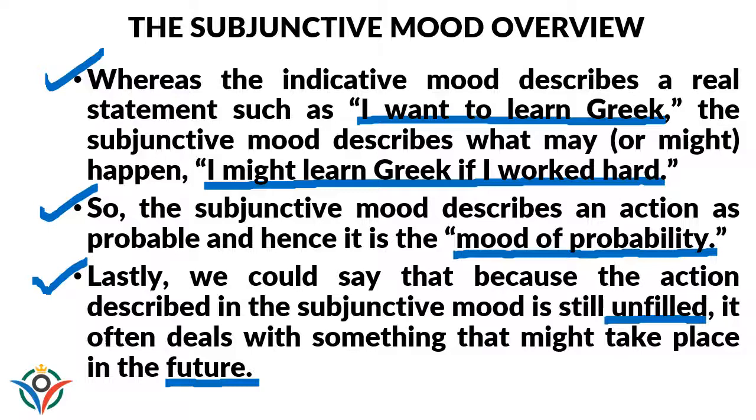All right, so I hope that you're just beginning to glean the difference between the indicative mood and the subjunctive mood. The indicative is a mood of assertion, making a claim, and there's a degree of certainty about it. The subjunctive mood, there's a degree of uncertainty because it describes a future event that might or might not actually take place.